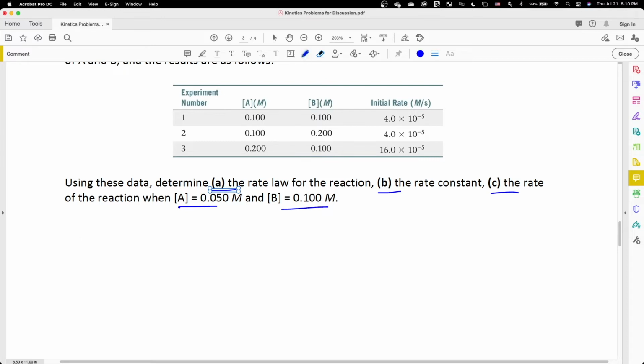You have to hit it really hard to get it to work. There we go. We know then that the rate equals k times the concentration of A. I don't like those parentheses there, it should be a bracket.